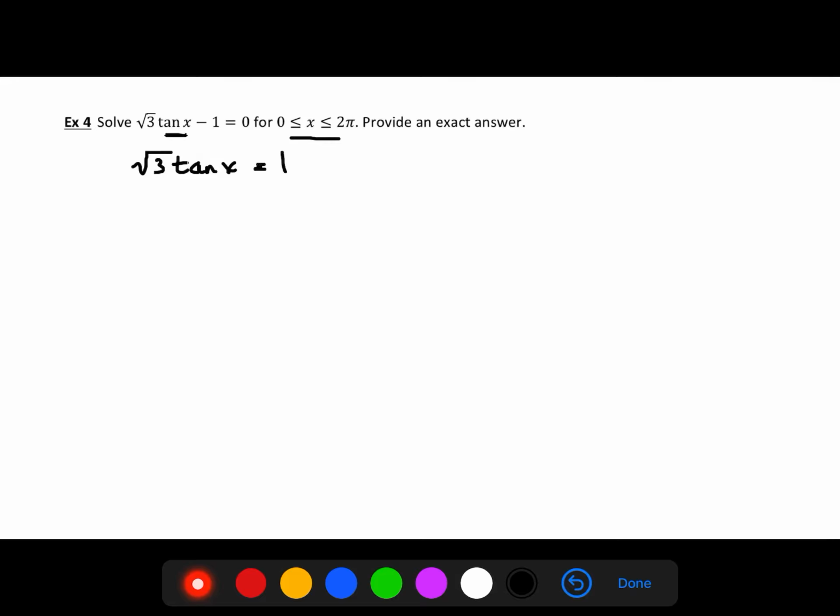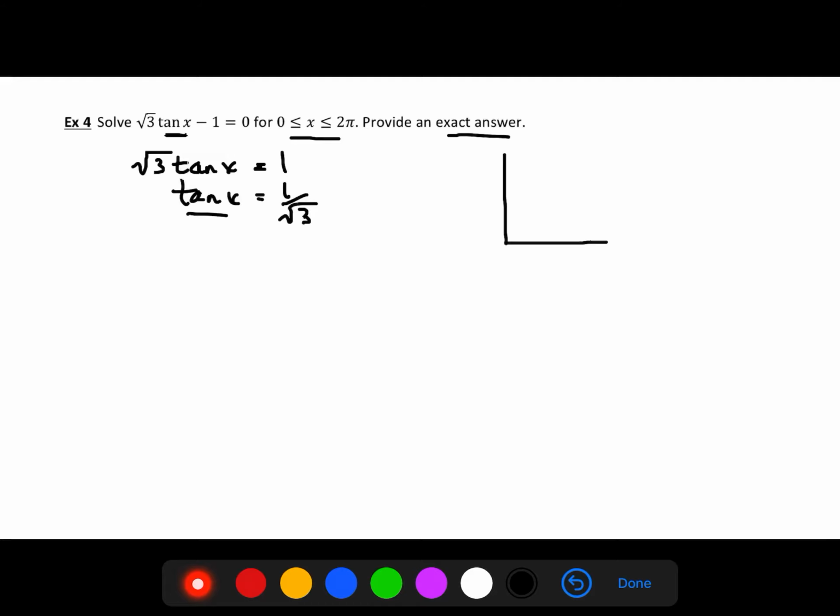So first thing we're going to do is take our 1 over to the other side, and then we're going to divide both sides by √3. So we now know what tan ratio we're looking for, and notice we want an exact answer, so this does have to be one of our special triangles.